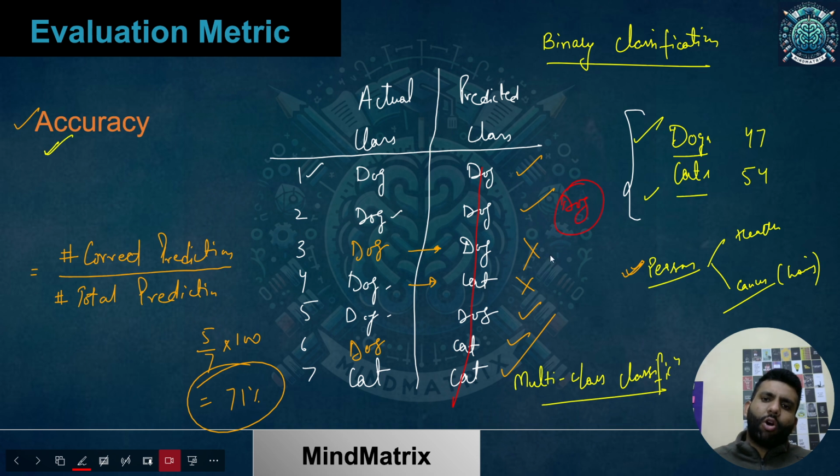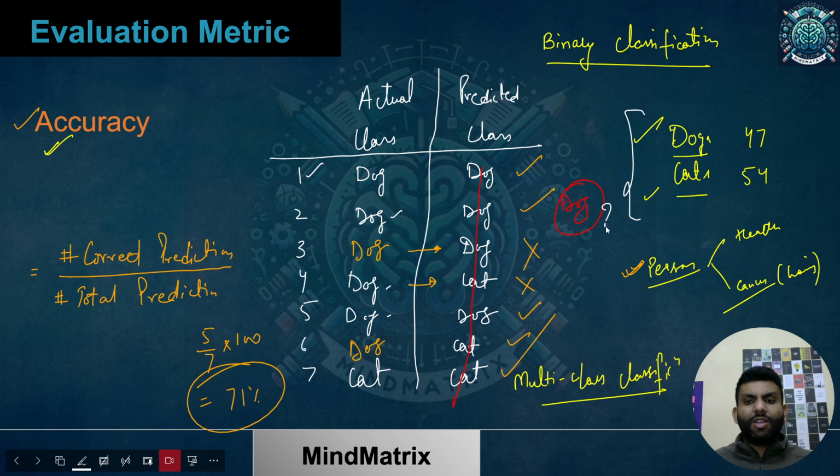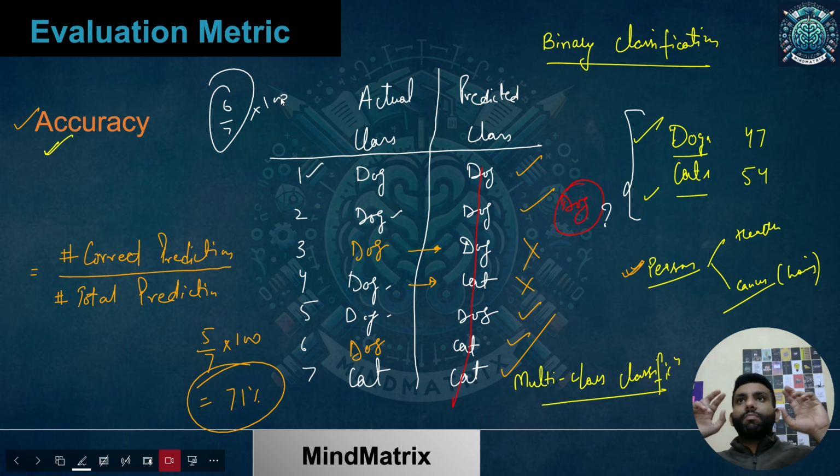What will be happening then? If all of the pictures were of dogs, no major thing. You'll say my accuracy is like 6 by 7, which if you multiply by 100 is above 80%. Above 80% accuracy you're getting. So no major issue, but still we are not able to consider the minority class.